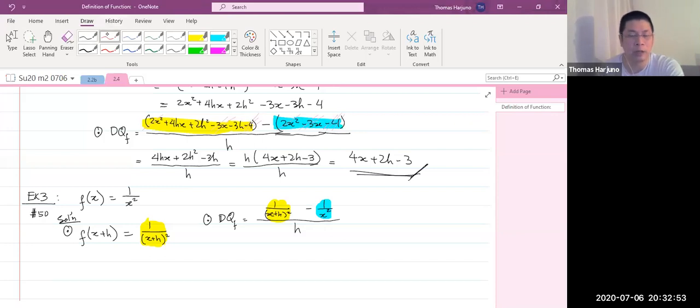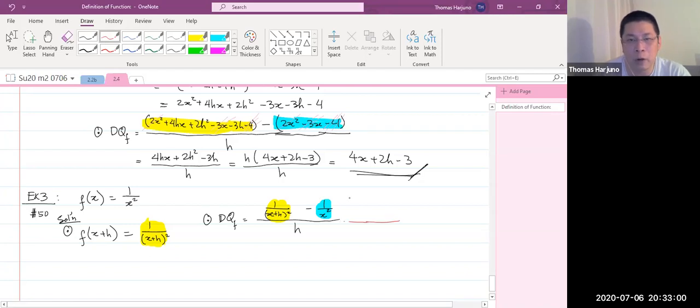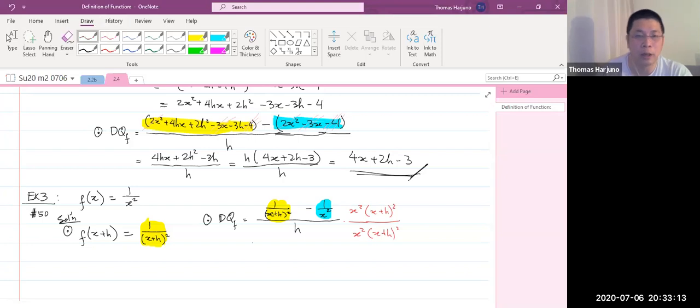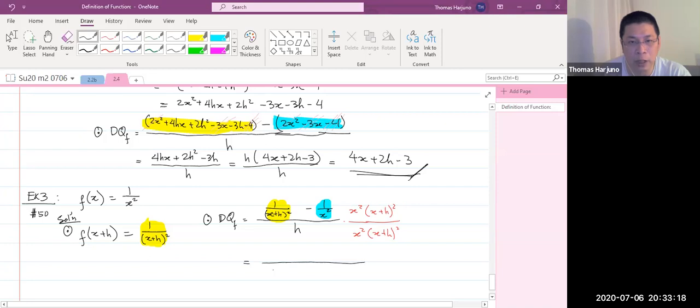On Thursday, I believe we learned how to tackle complex fractions, at which we multiply the top and the bottom of that complex fraction by the LCD. I remember I said that's actually the fastest method to simplify complex fractions. So then, if I multiply by the LCD, I think the bottom is okay. That will be h x squared times x plus h squared.